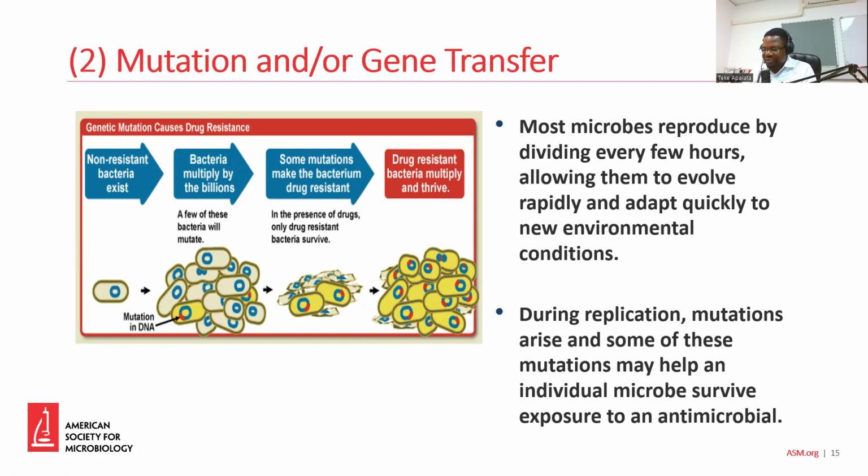So the difference with selective pressure, I repeat, is that in selective pressure, the microbial population has some bacterial cells that already carry an existing resistant gene. But during the mutation process, you have a microbial population, and during the replication process, some bacterial cells start mutating, so mutations take place in their DNA.